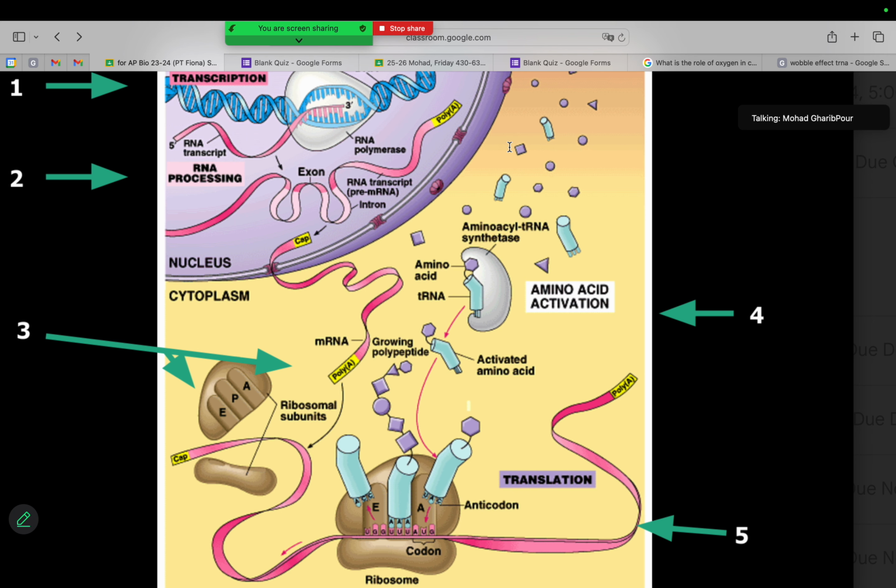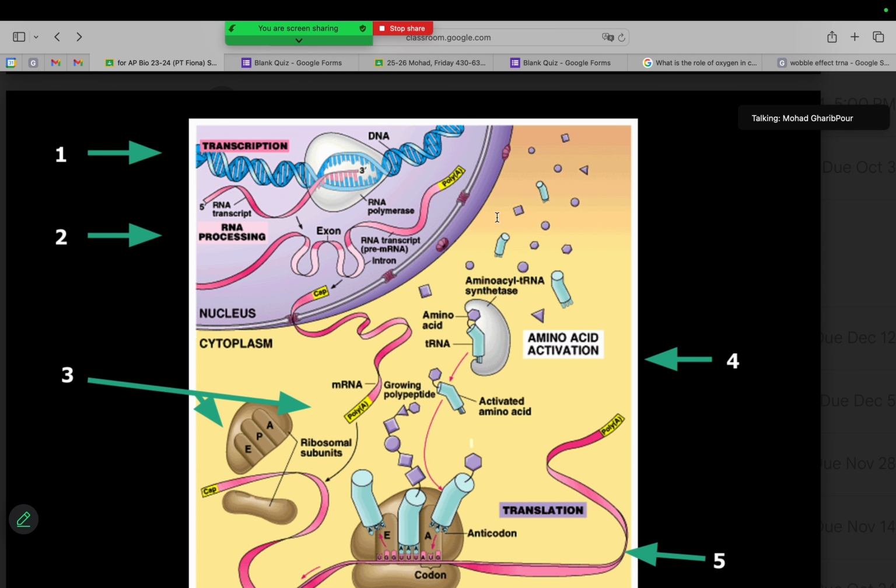So this is the full picture in a nutshell. Step 1 in protein synthesis is transcription. Once it's transcribed, we have RNA modification.